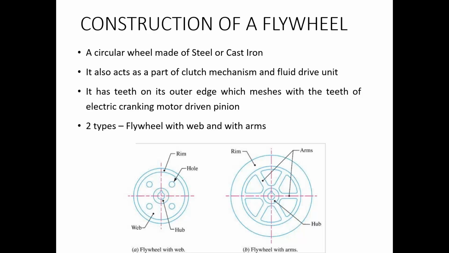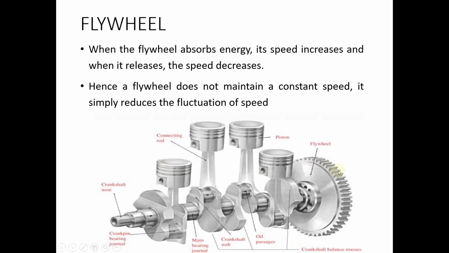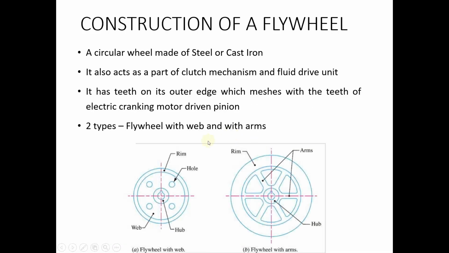The second purpose is that it acts as a part of the clutch mechanism, and there is yet another application: as I mentioned, on the rim there are teeth cut on the rim surface of the flywheel like this. The main purpose of cutting the gear teeth is that the pinion of the starter motor meshes with the teeth cut on the rim surface.